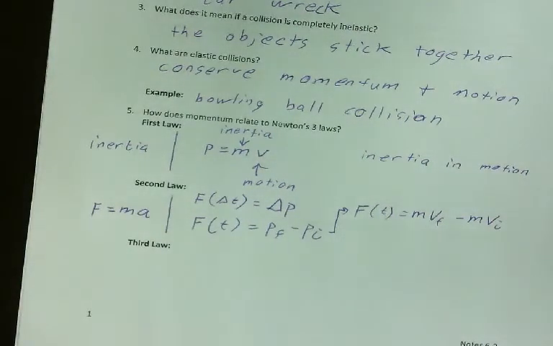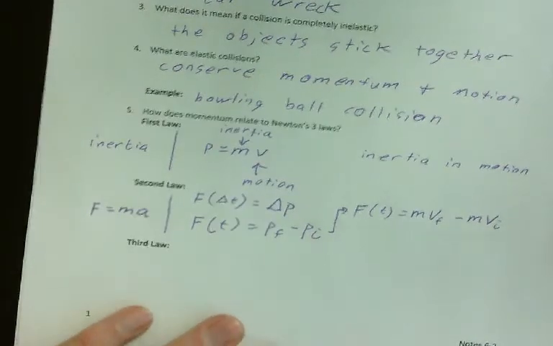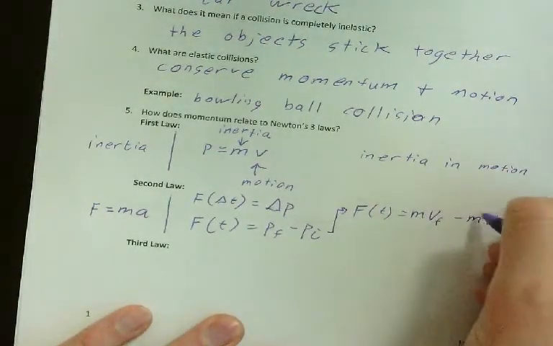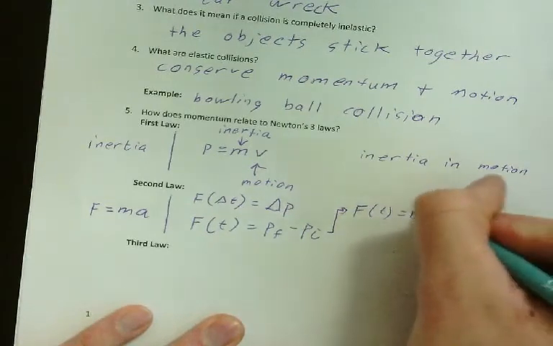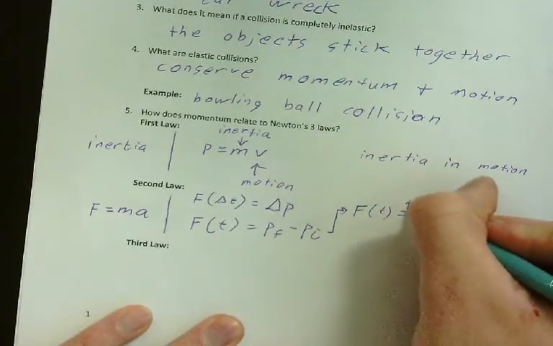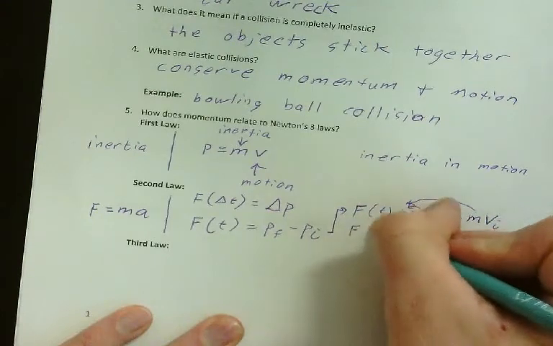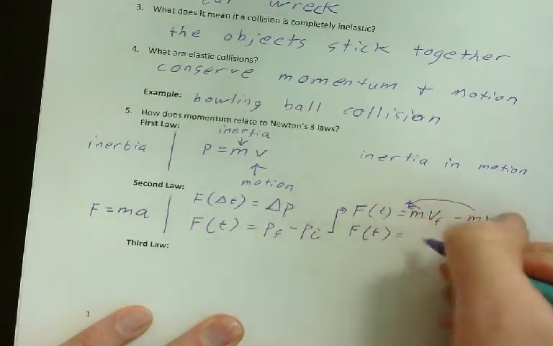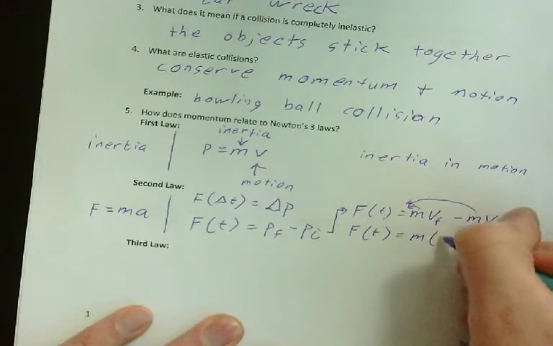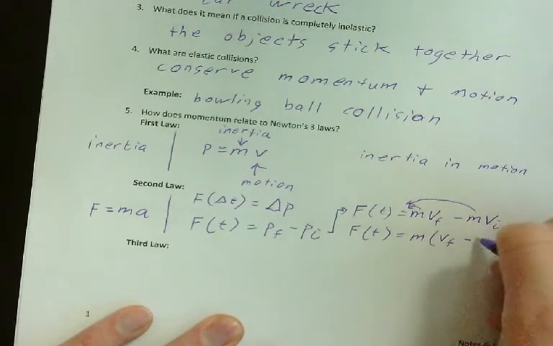So there's a final and an initial. Let's go ahead and factor out the mass. So I'm going to factor out the mass. Ft equals m (v final minus v initial).